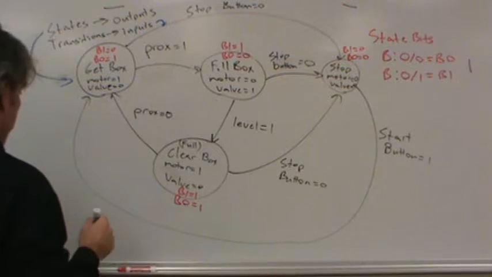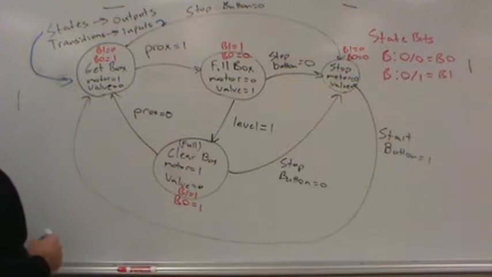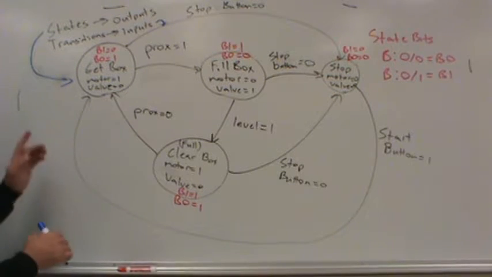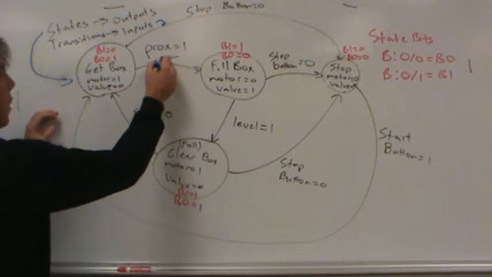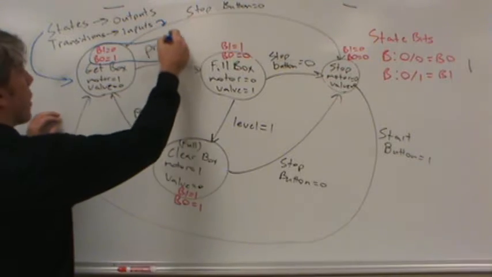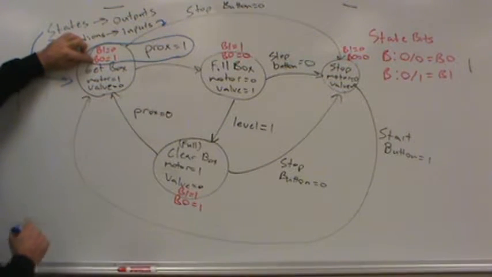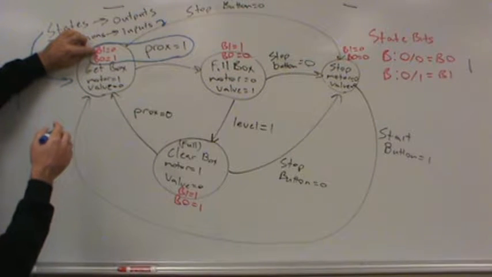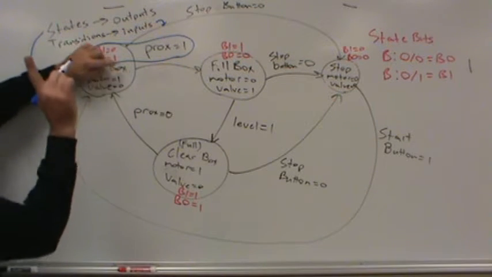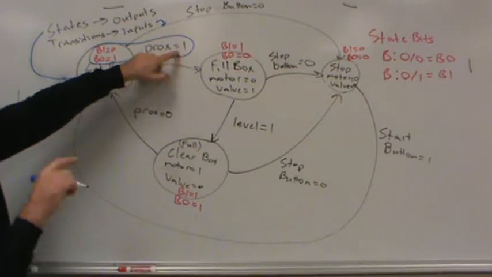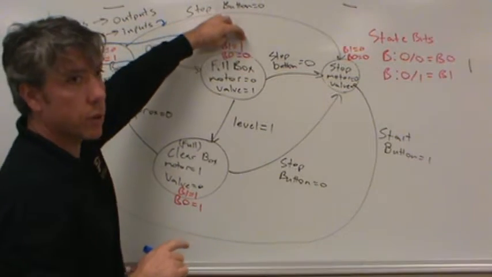Let me write in blue, and we'll see if we can set up an equation here. All right, these are the conditions, right? If B0 equals 1, and that's a logical and, B1 equals 0, and prox equals 1, then B1 equals 1.